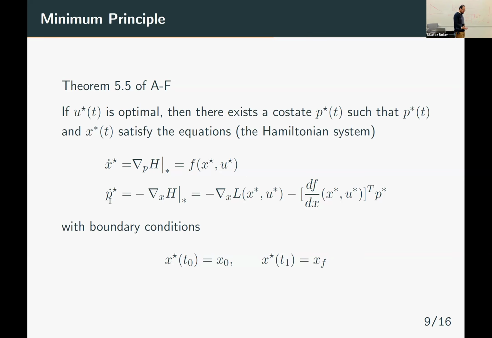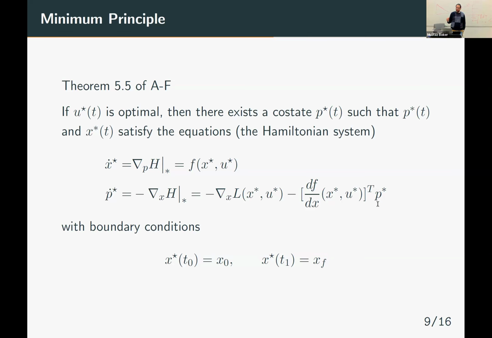We call it the co-state plane, which is given by the negative of the gradient of H with respect to x. If you substitute the definition of the Hamiltonian, that is the negative of the gradient of L with respect to x minus the partial derivative of f with respect to x, transpose, times p. Everything here is at the optimal point, so everything in terms of stars.